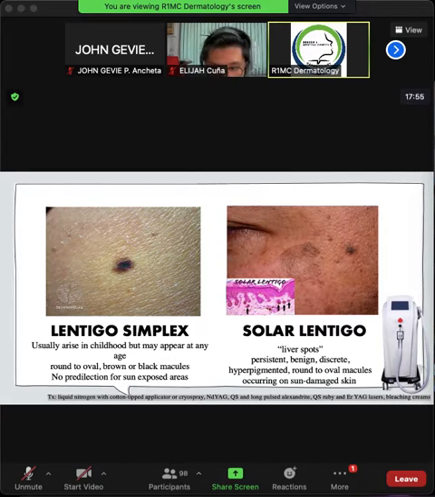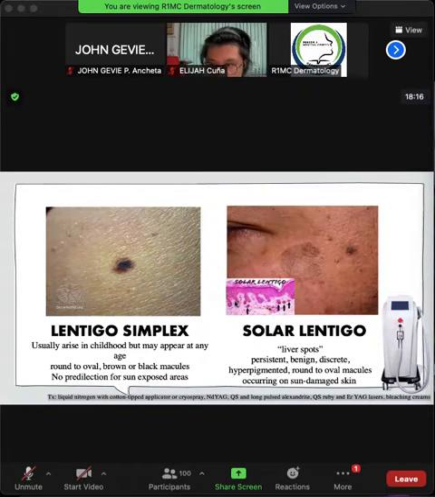So on histology, you would actually note that there are club-shaped or narrow bud-like extensions of your rete ridges as seen here. And of course, there is increased pigmentation in your basal cell layer, especially at the tips of the bulbous rete ridges here.